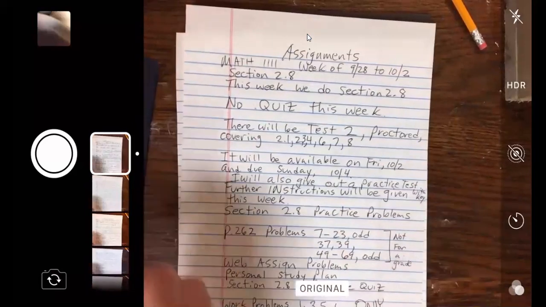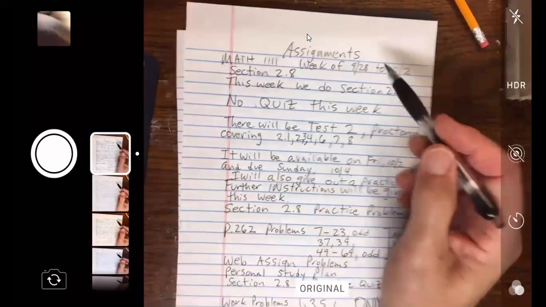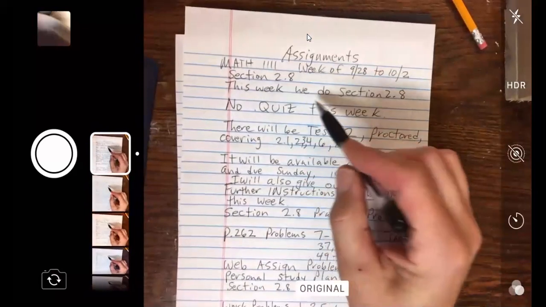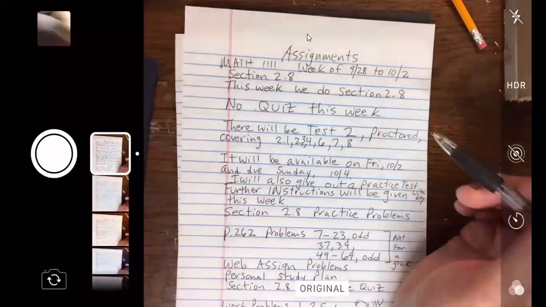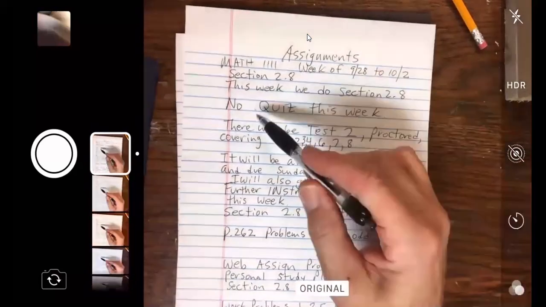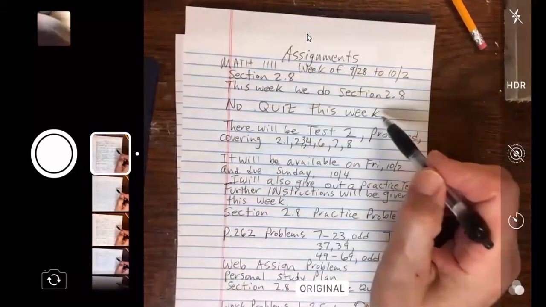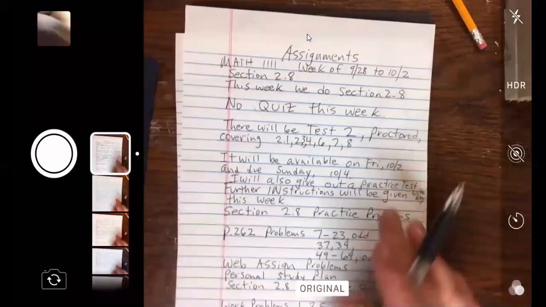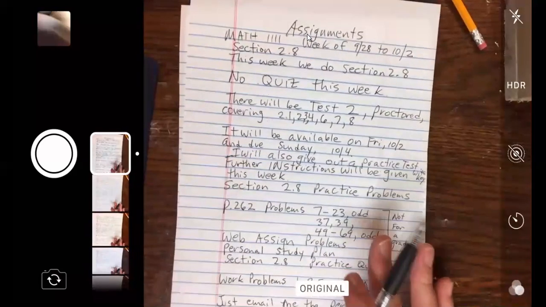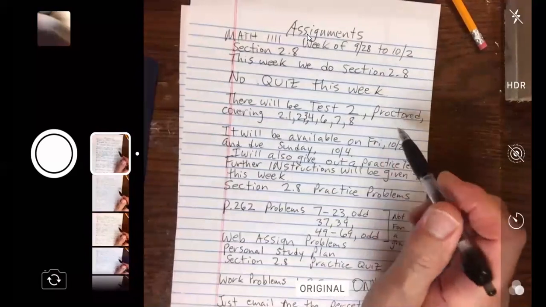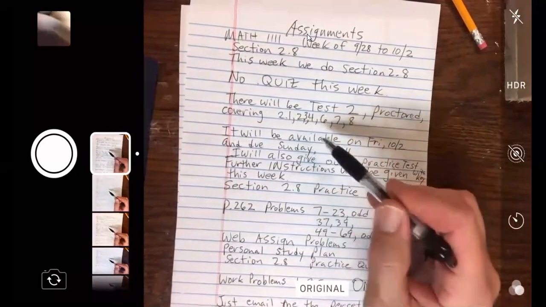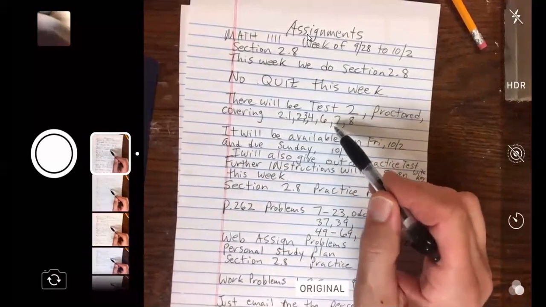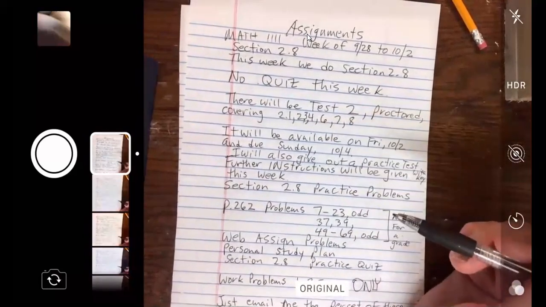Okay, no problem. The assignments for this week are Math 1111, week of 9/28 to Friday 10/2, section 2.8. And we will have no quiz this week because we're finishing chapter 2. So we will have test 2 proctored. It covers 2.1, 2.2, 2.3, 2.4, 2.6, 2.7, and 2.8.